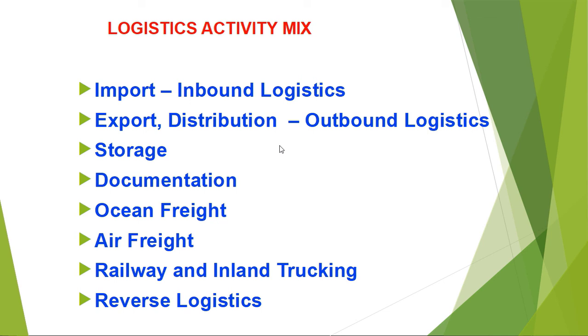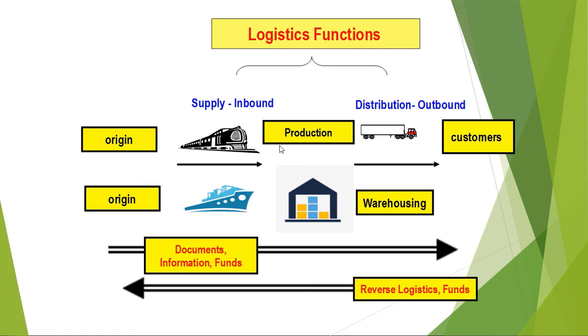If you look at this diagram here, you can see the logistics functions. You can see the origin, when cargo originates as raw material or semi-finished goods, and then it moves to production, after that to distribution, after that to customers.